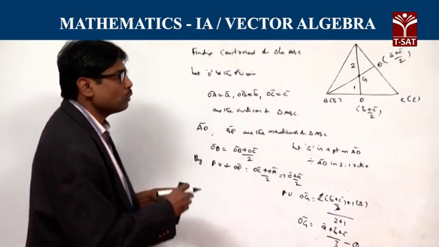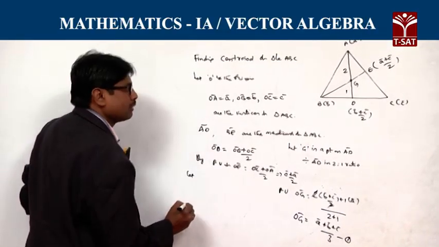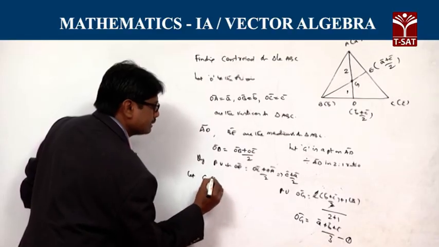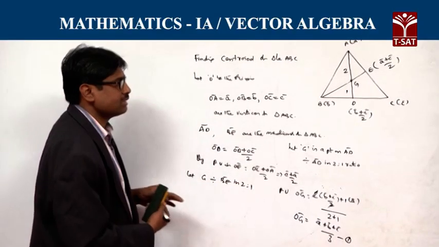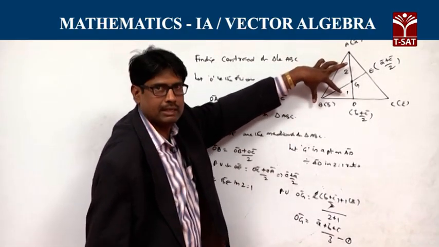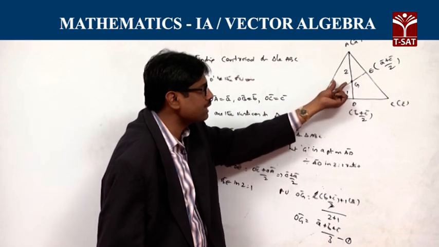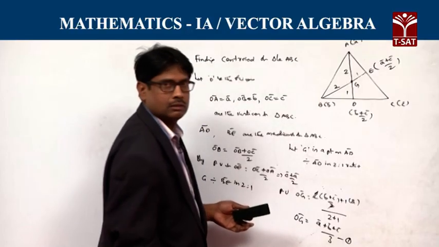Now, we find OG with respect to BE. Again let G divide BE bar in the 2:1 ratio. First I calculated the position vector of G with respect to the median AD. Now calculating G with respect to BE, it divides in the same ratio 2:1.